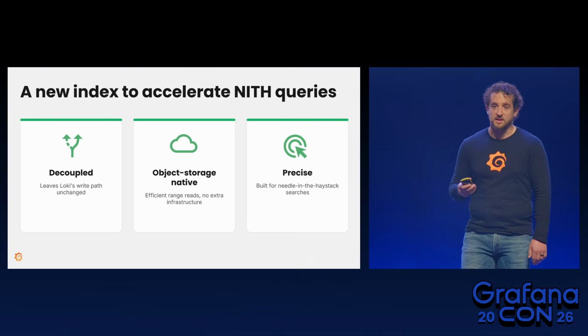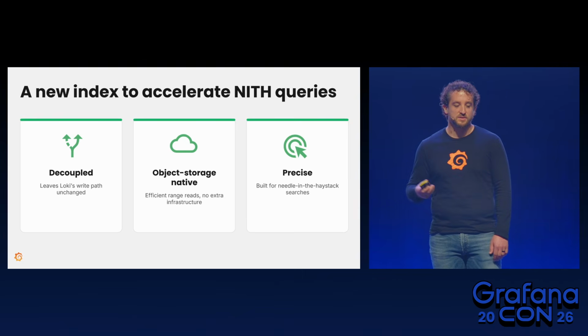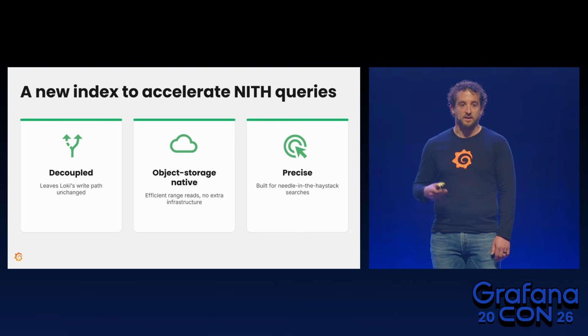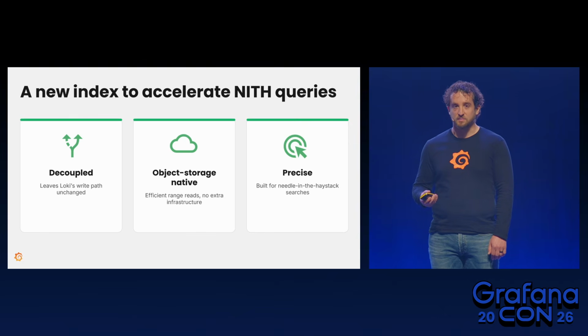So that gave us a great way to create these indexes. It's object storage native. Loki builds these index files and then uploads them to object storage. At query time, we do efficient range reads directly into the index files without needing any additional infrastructure. We've put a lot of effort into tuning these indexes to be highly precise for needle-in-the-haystack type searches.